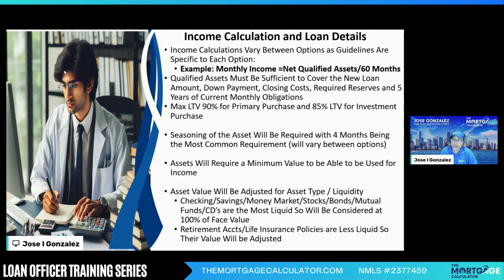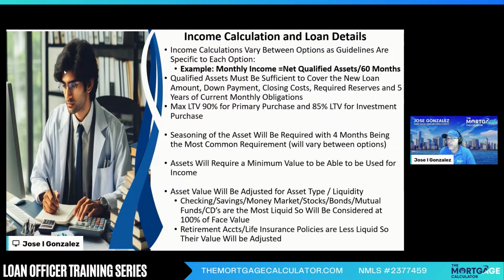This is one to be aware of, because it definitely changes from option to option when you are reviewing the guidelines, right? One guideline may say, for example, that stocks, bonds, and mutual funds are reviewed at 80% or 70%, and another may say that they're reviewed at 100%. So don't assume, because you know what happens when you assume. Just reconcile to the guidelines and note what it states.